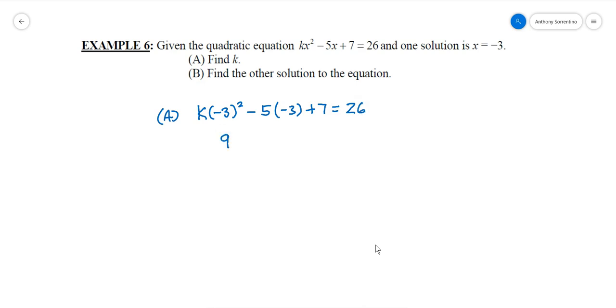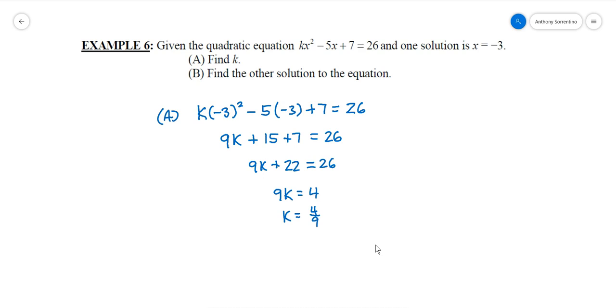So 9k plus 15 plus 7 should equal 26, which means that 9k plus 22 should equal 26. Subtracting 22 from both sides means that 9k is going to be 4, and k is going to equal 4 over 9.